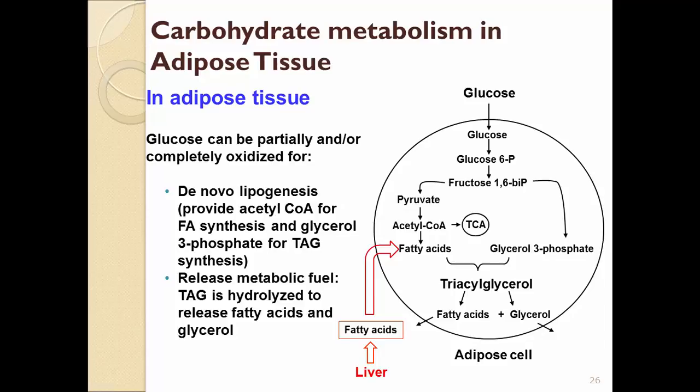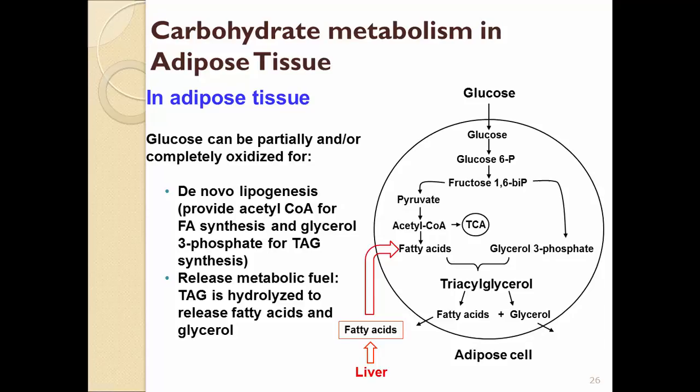Initially, either from the liver, converted from glucose, remember, under the fed condition, right? Or directly from the small intestine, absorbed from the diet. So again, this is happening under the fed condition.